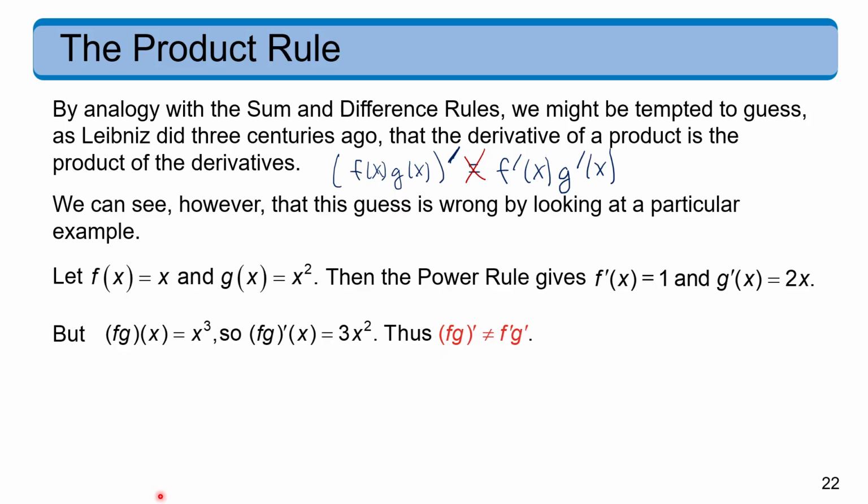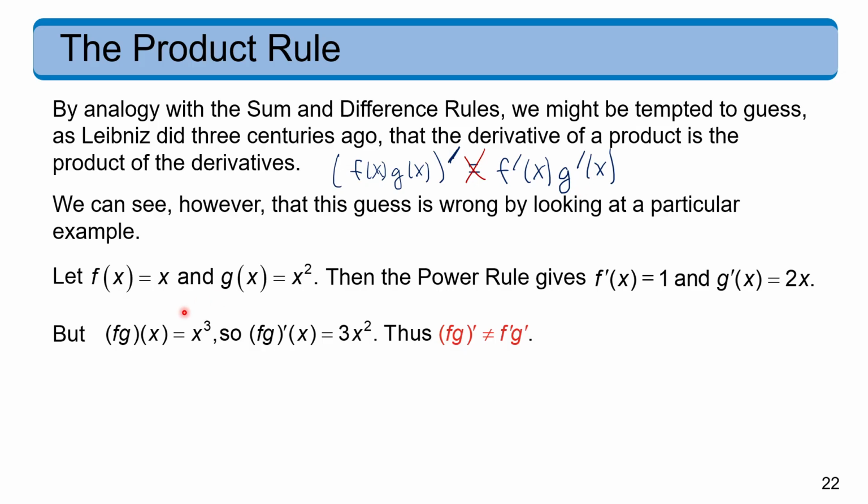Now let's verify that it's not true by considering an example. Look at this example: f of x is x, g of x equals x squared. We'll try out this rule. We'll calculate the two sides individually, and we'll see that they're not the same. So we'll actually start with the right side. Let's first find f prime and then find g prime, and then we'll multiply them together.